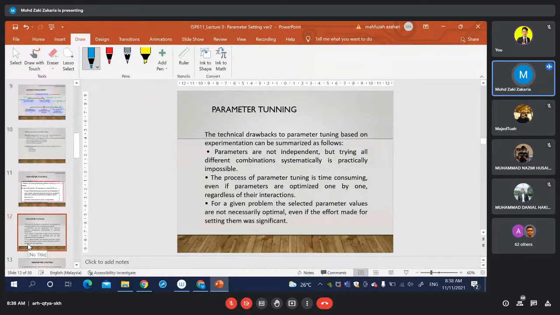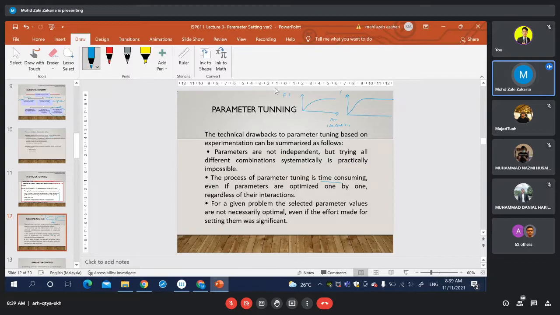Okay, but parameter tuning is time consuming because it takes time. We need to repeat the same process but with different parameter values, and then we need to analyze manually. For example, the graph that we have, say this graph, and this is the result of experiment number 1, this is experiment number 2, and this is the fitness function, and this is the number of iteration.